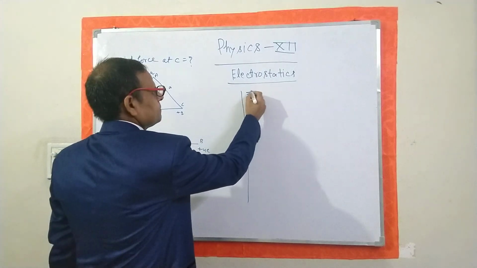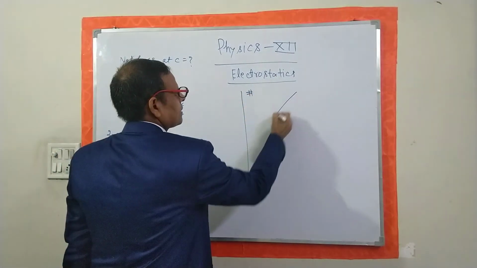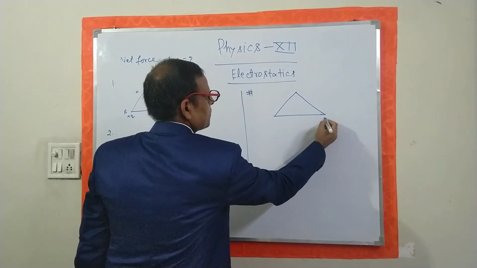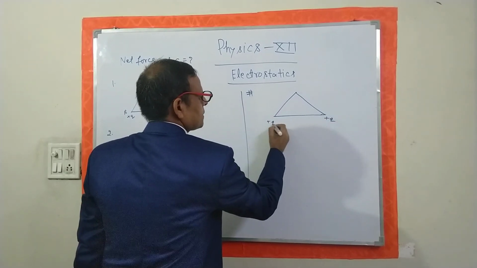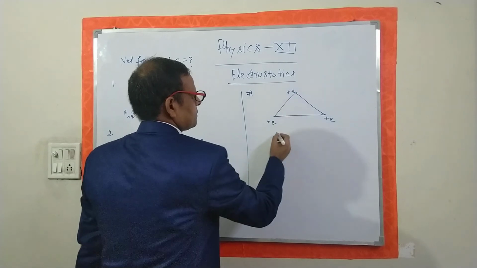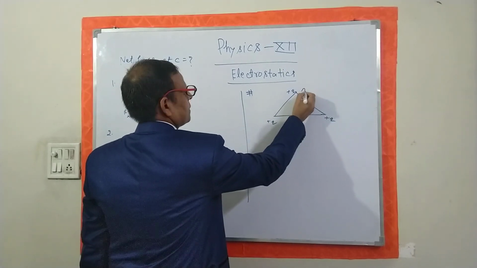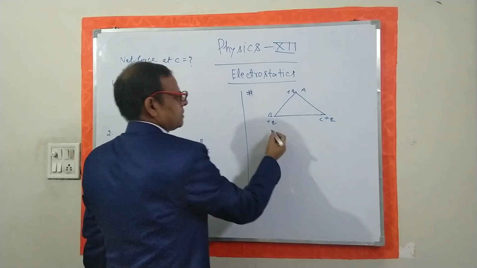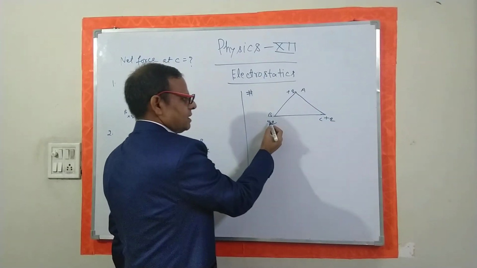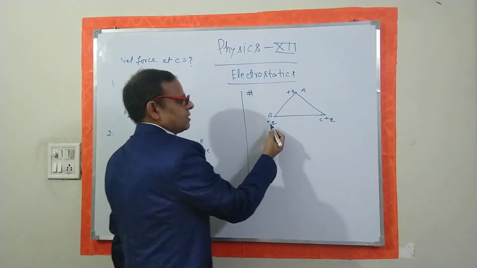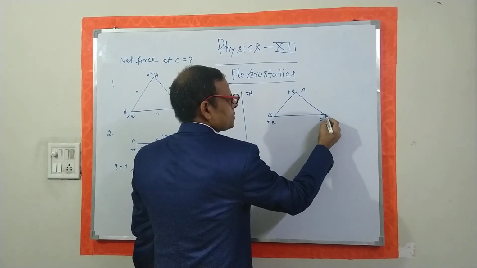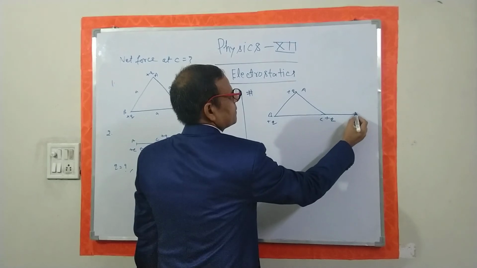So the diagram once again I am making here. Plus Q charge here, plus Q charge here, again plus Q charge here. It is point A, B, C. The plus Q charge at B will repel plus Q charge at C away.